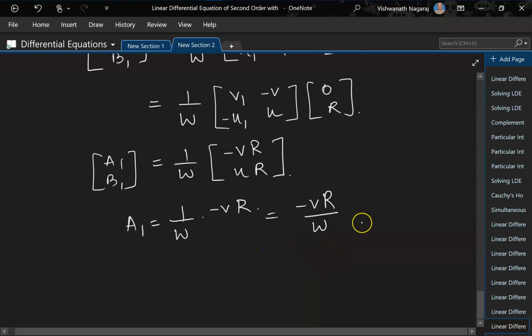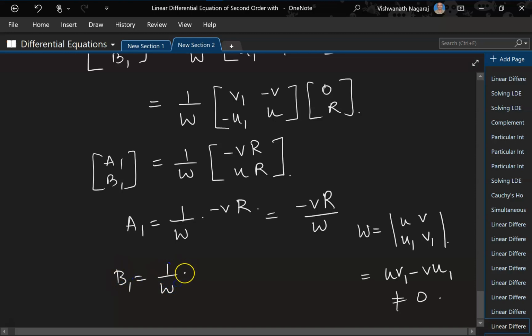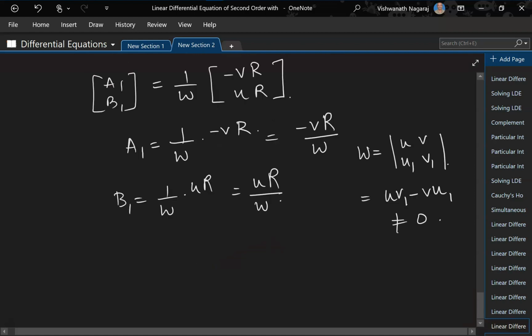Now remember, here w is the determinant, so u v u1 v1, which is equal to uv1 minus vu1, and this should not be equal to 0. Now similarly, b1 is equal to 1 by w times ur, or ur divided by w. But remember, a1 and b1 are the first derivatives.